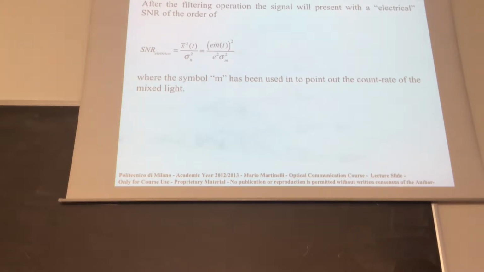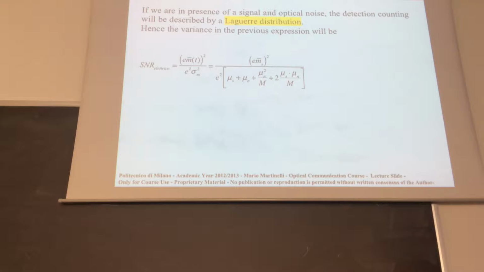So in general the light that arrives at the photodiode is mixed light. It is neither a pure laser light nor a noise light. It is a mixture of the two. So we already know from Laguerre what this variance is, because the variance is exactly this one.